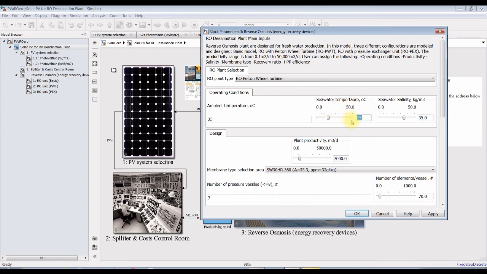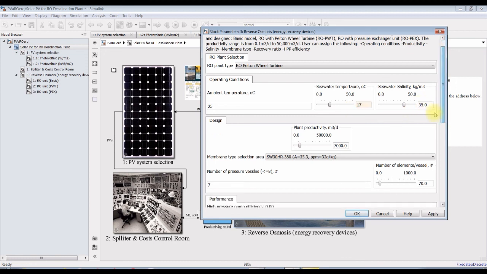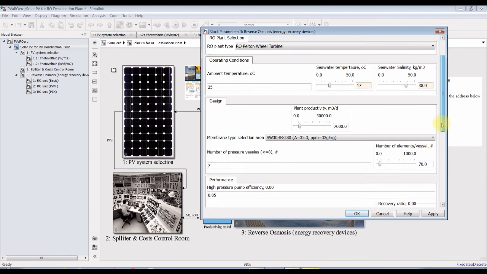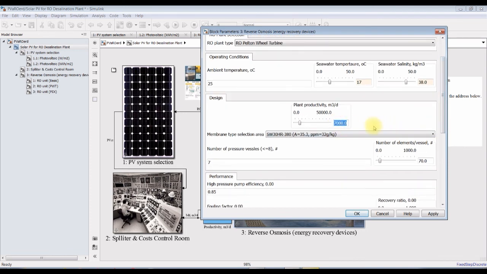Suppose it's around maybe 17. Let's change everything. Seawater salinity, let's keep it at 38,000 ppm. Productivity, I'm going to choose 3,000 or 1,500.